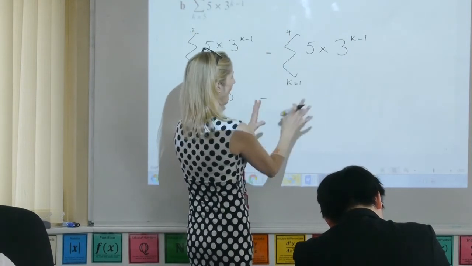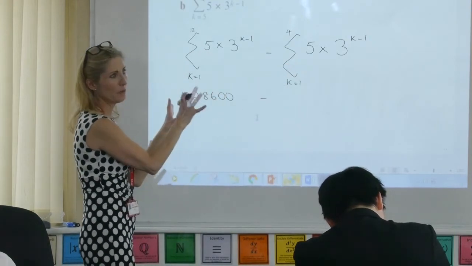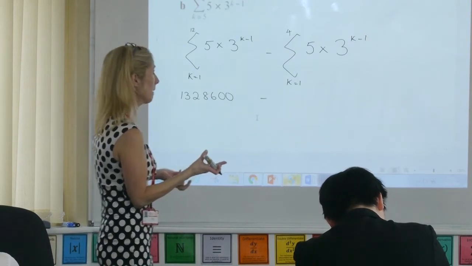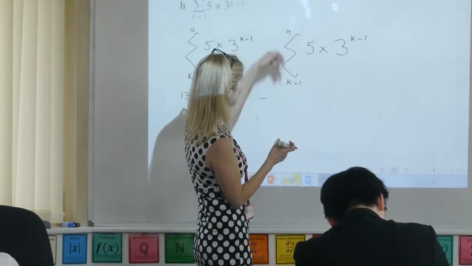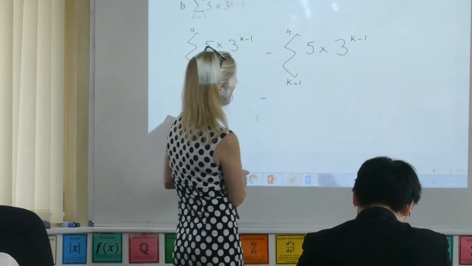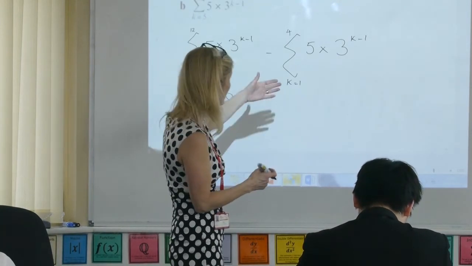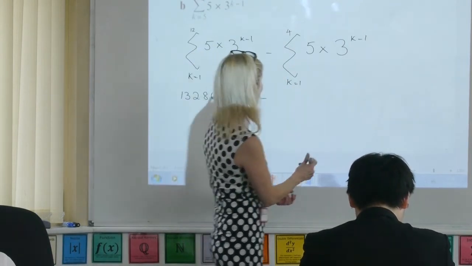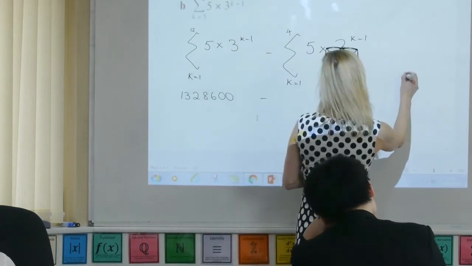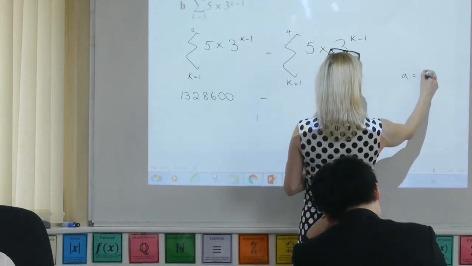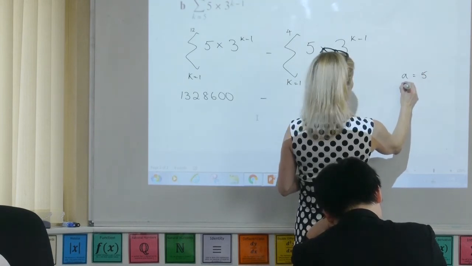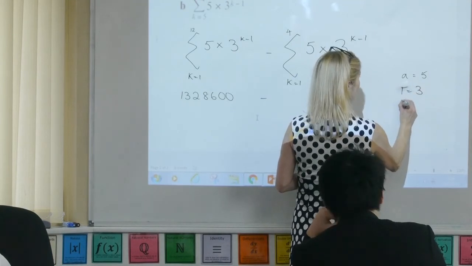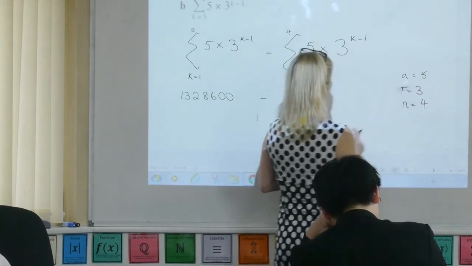Right, now I don't particularly need to write that one out because I've got all the information other than perhaps how many terms are involved, but I can easily establish that from the actual summation value. So I know that a is going to be 5, r is going to be 3, and the number of terms is going to be 4.